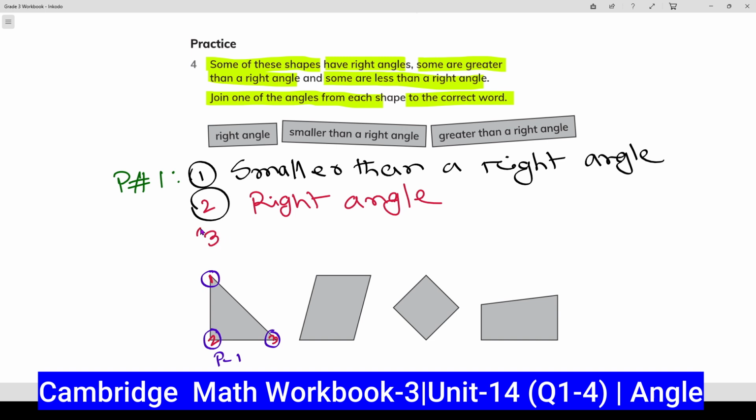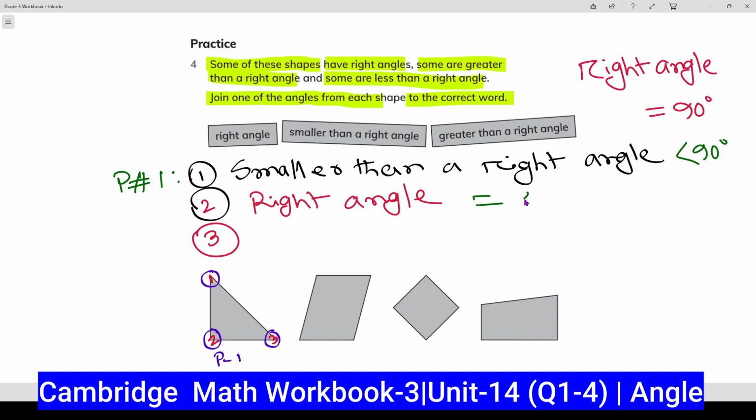Number 3 is smaller than a right angle. Right angle means right angle equals 90 degrees. Smaller than a right angle means smaller than 90 degrees, and this one is equal to a right angle. And this one we can say angle smaller than 90 degrees. It's the same as number 1.